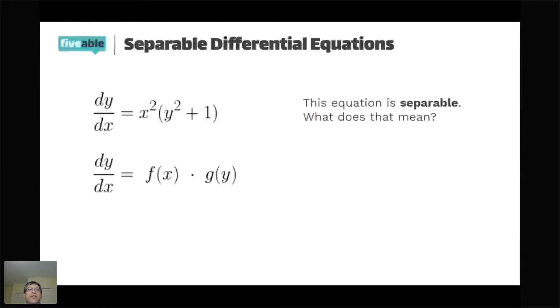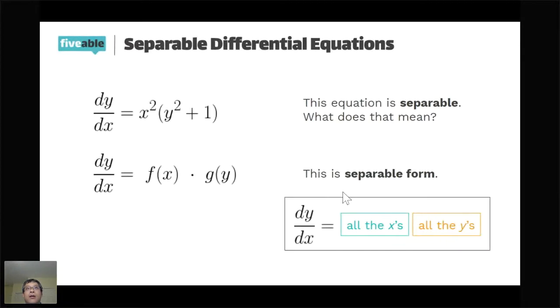You might have seen this in your textbook. This is what we call a separable form. So in this case, the f of x would be x squared, and the g of y would be y squared plus 1. And so what's basically happening is you have a bunch of x's times a bunch of y's, right? And you can separate them out in that way.